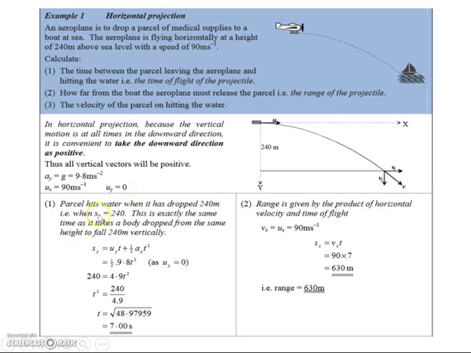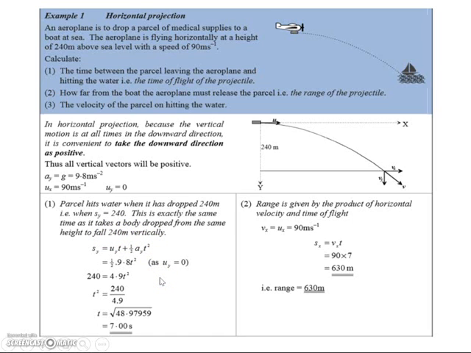From that we can say the parcel hits the water when it has dropped 240 meters, so when s in the y direction equals 240. That's exactly the same time as it takes a body dropped from the same height to fall 240 meters vertically.